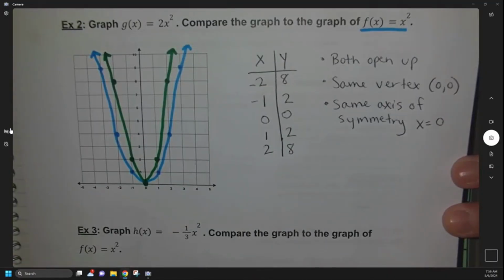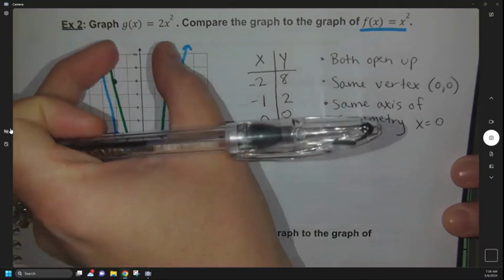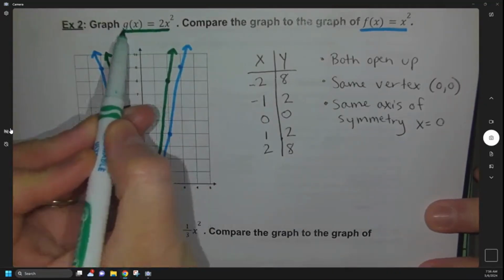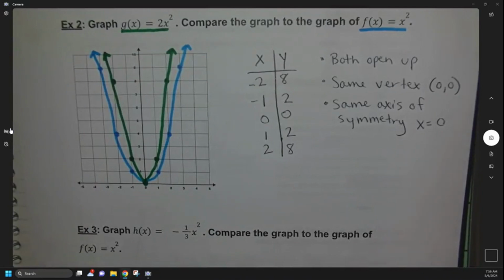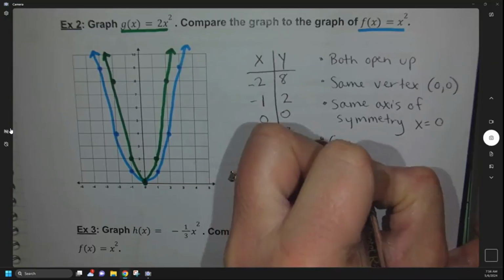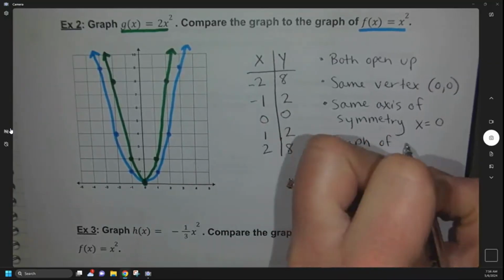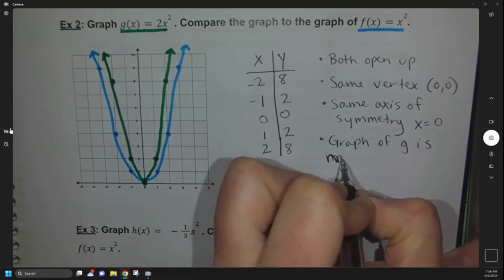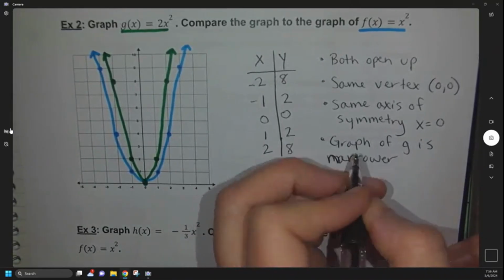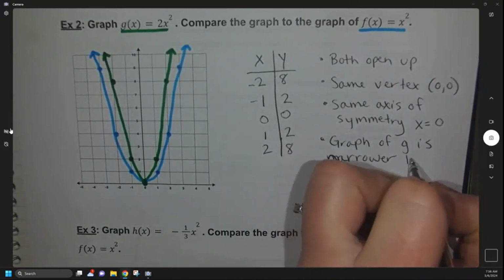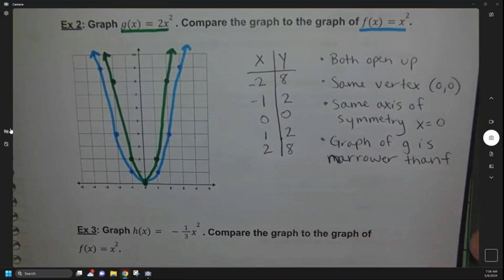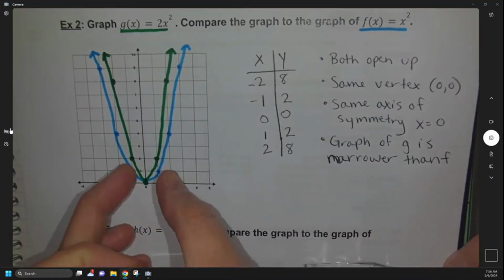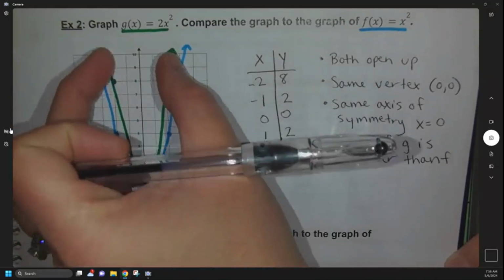I do notice something different about them is that the graph of g of x is narrower than the graph of f of x. I'm going to put this here so that we remember that that's the color we were using. So our graph of g is narrower than f. And that's because g is a vertical stretch of the graph of f, and it's a stretch of a scale factor of 2.